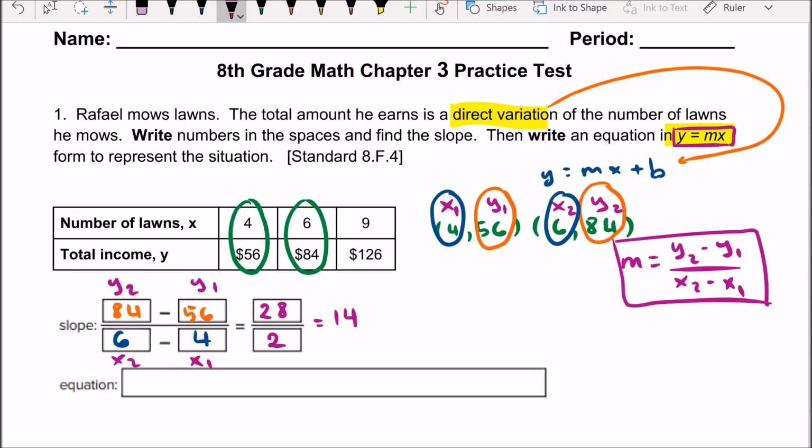Based on the equation y equal to mx, and we don't have b because b is 0, the slope we just solved for is 14. We're going to plug it in: y equal to 14x. And that's pretty much it for number 1. 1 point for the slope and 1 point for the equation if you solve them both correctly.